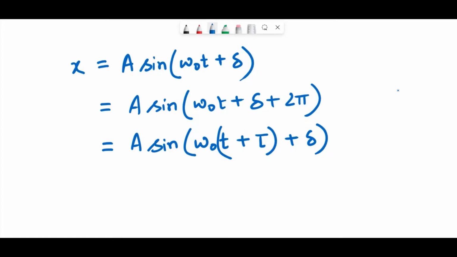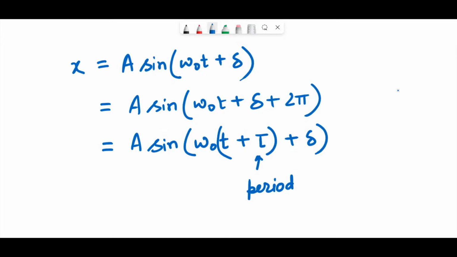Also, if after time tau, the system returns to the position it was at time t, then tau is called the period.